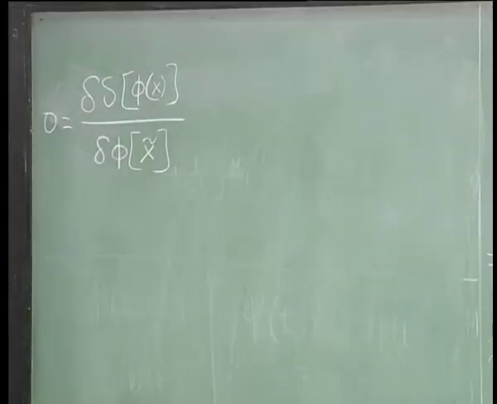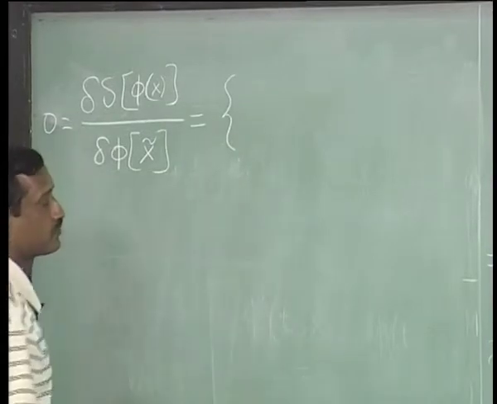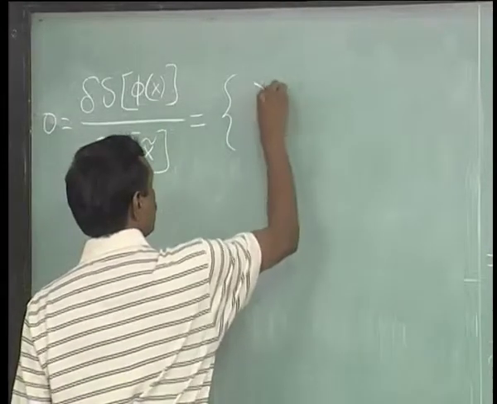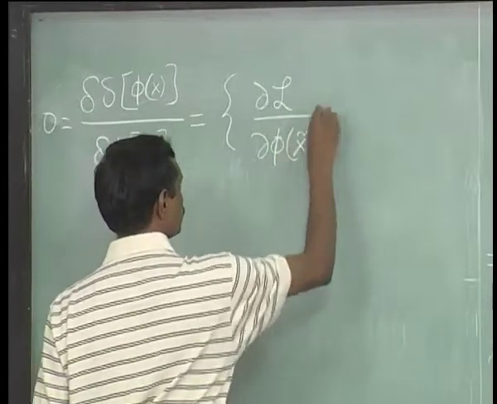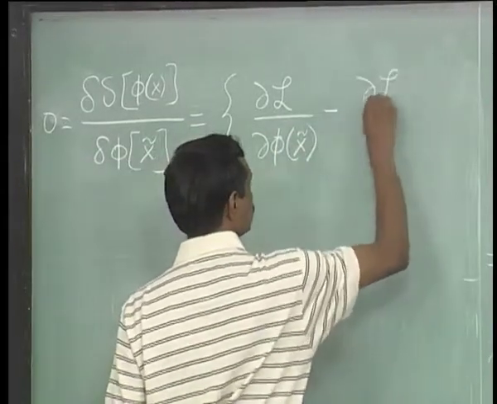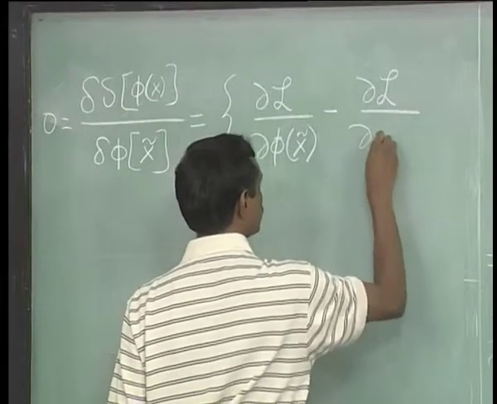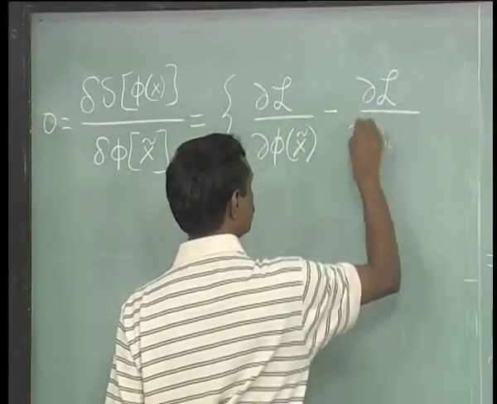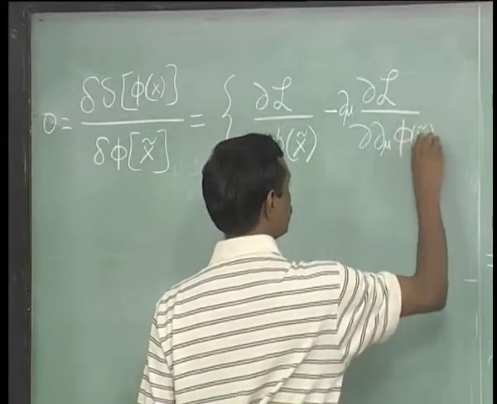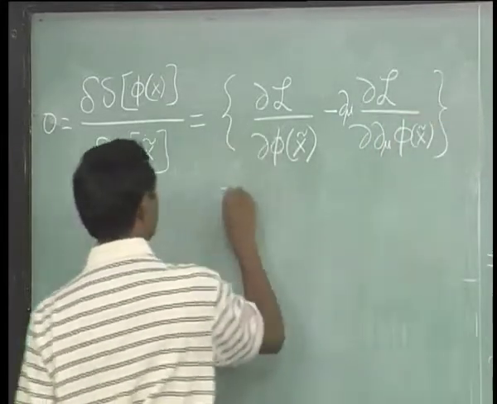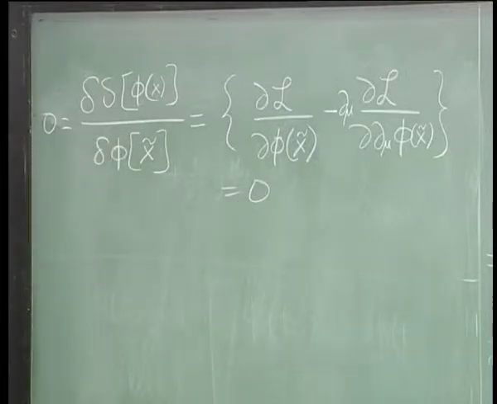What that will do is, again as before, you get a proper delta function which will take care of the integration, and it gives you this term. So this is the Euler-Lagrange equation of motion.